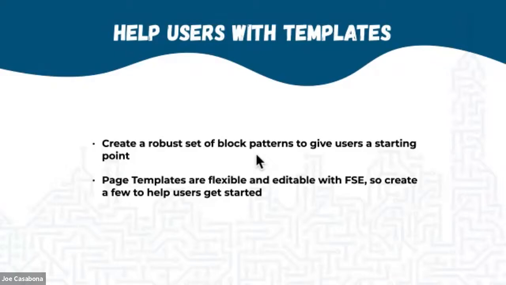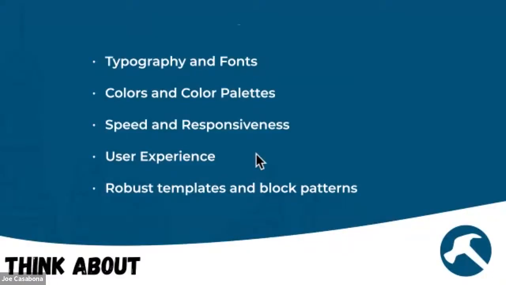Have the landing page one, the one with only the header, the one with the header and the footer, the one with the sidebar, just 3 or 4 to help them get started. And then they can go about and modify it in the best way they see fit. So things to think about: typography and fonts, colors and color palettes, speed and responsiveness, user experience, and then robust templates and block patterns.